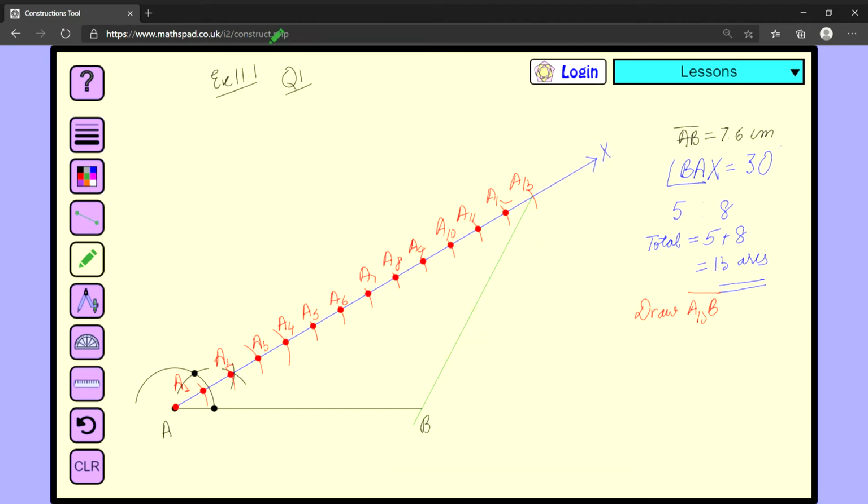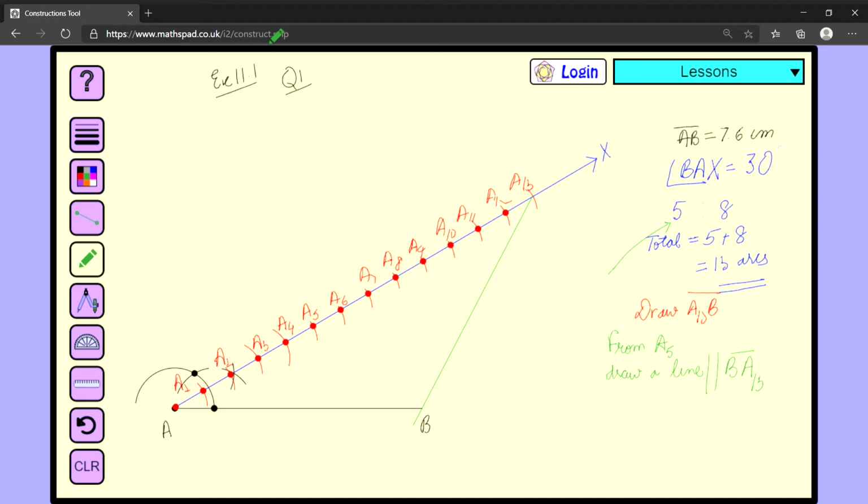Once you've joined this, I would like to draw a line parallel to this from the fifth point. So from A5, draw a line parallel to BA13. That line would appear right here, parallel to this line.